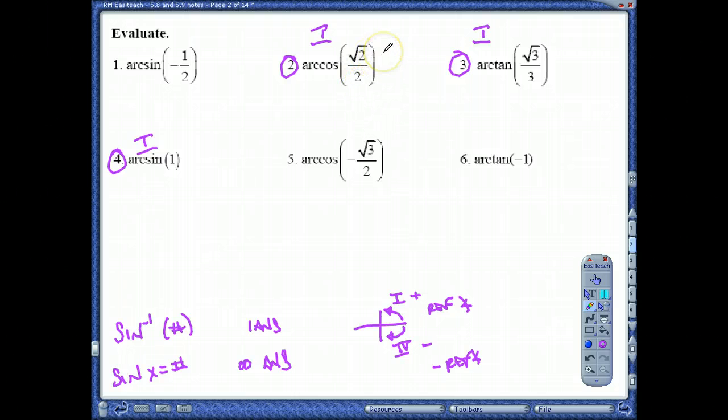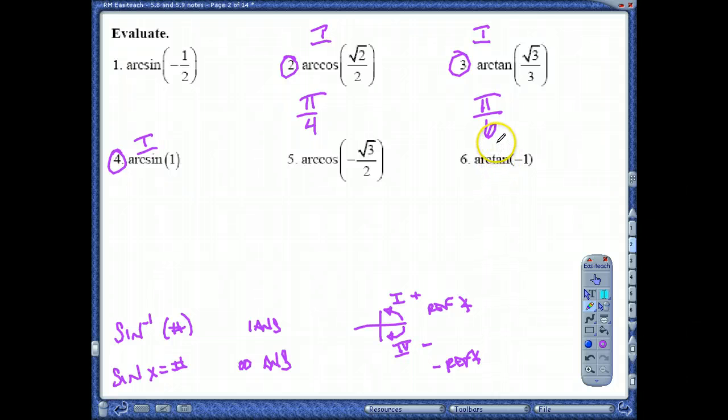So you're thinking of your special angles unless they let you use a calculator. So square root of 2 over 2, that's our pi/4. Arctan is square root of 3 over 3, so we're looking for an angle who has a tangent of square root of 3 over 3. That's our pi/6. It's our 30-degree guy.